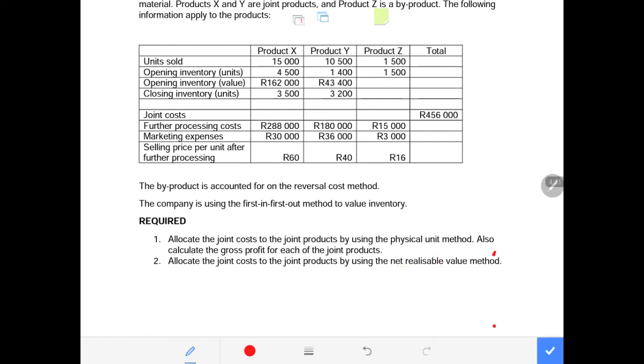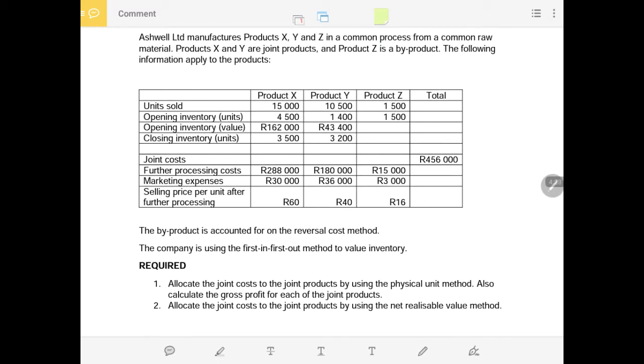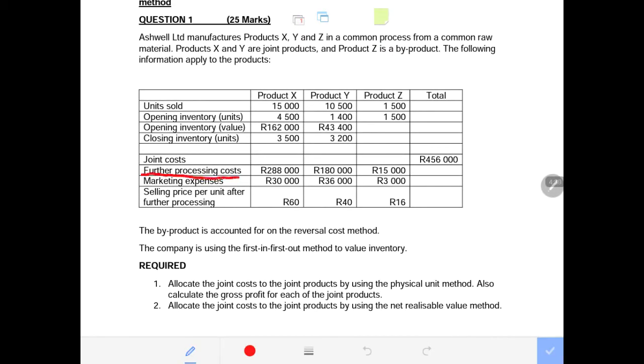That is why the joint costs are not allocated to each product, but are given as one total amount. We have our further processing cost, which is 288,000, 180,000, and 15,000 for the byproduct. We also have other expenses, marketing expense: 30,000, 36,000, and 3,000 for the byproduct.